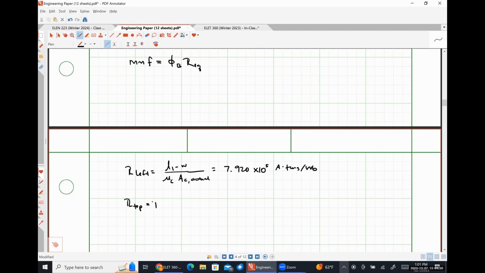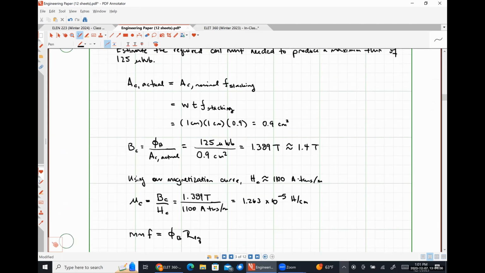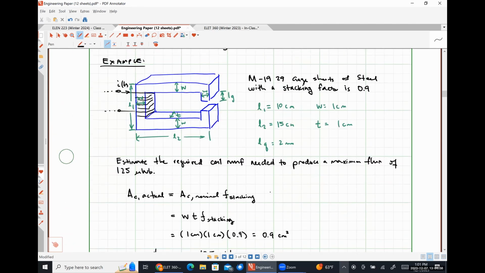The top and the bottom are going to have the same reluctance. So what's the length that the flux travels along the top or bottom leg of this thing? L2 minus W, right?